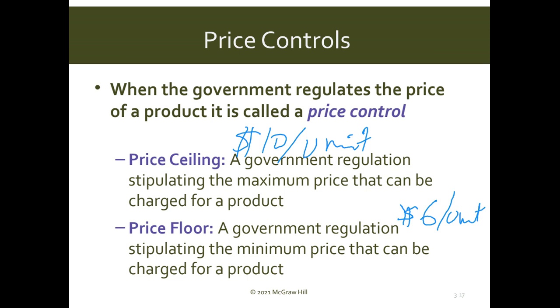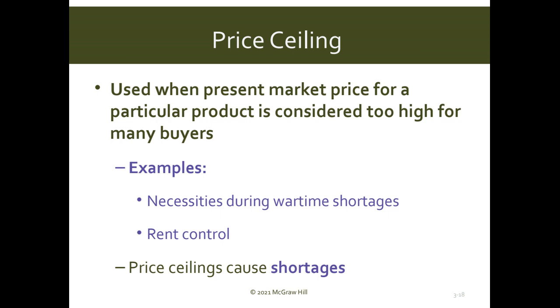But you cannot charge less than $6. I'll tell you the application of these two price regulations in a moment, so don't worry. Now you at least know the definitions of price ceilings and price floors. Let me show you the price ceiling and price floor using simple demand and supply diagrams.